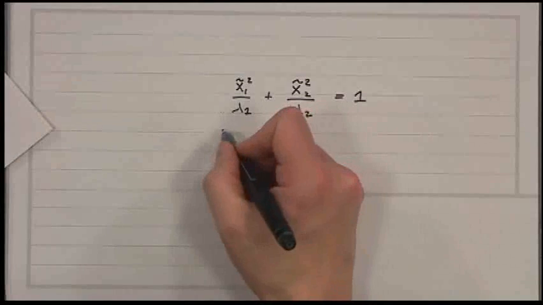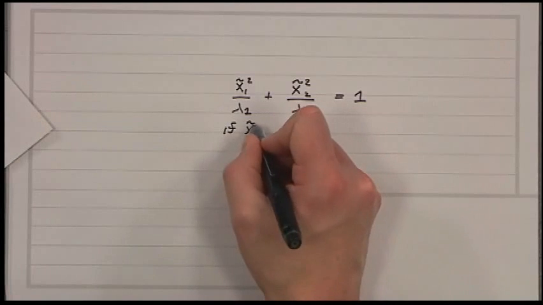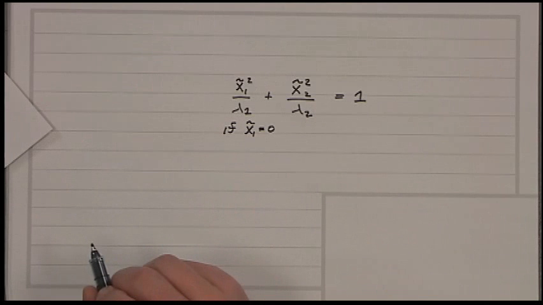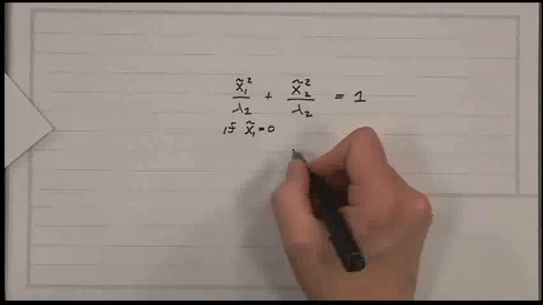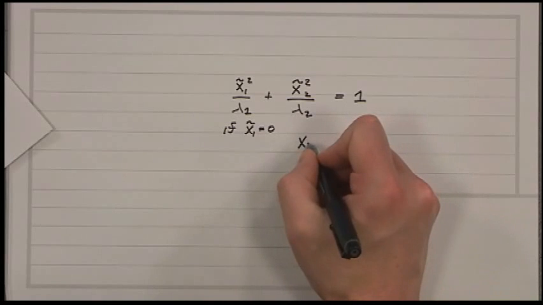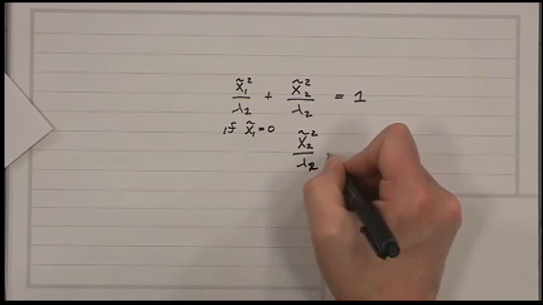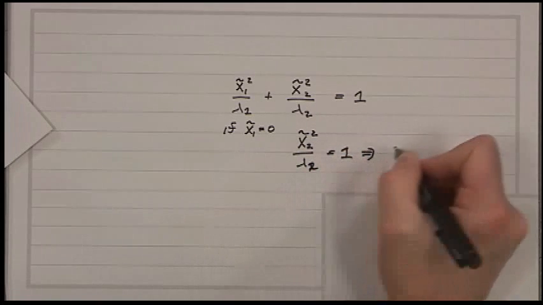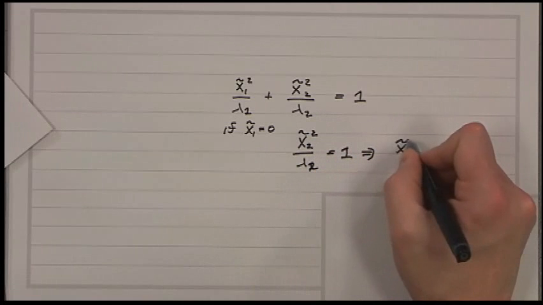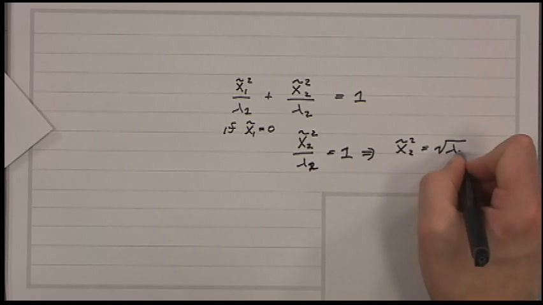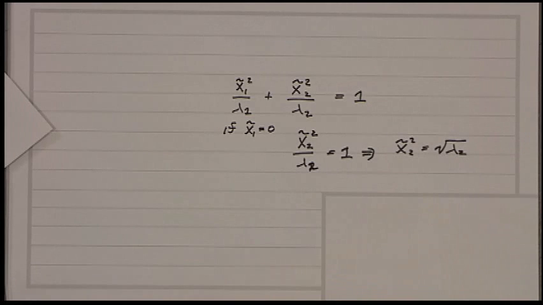So if x1 tilde equals 0, then I'm looking at the intercept with the x2 axis. Then I get the equation x2 tilde squared over lambda 2 equals 1, which implies that x tilde 2 squared equals the square root of lambda 2. Okay?